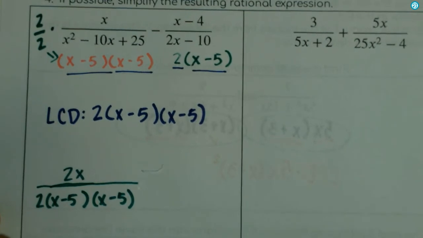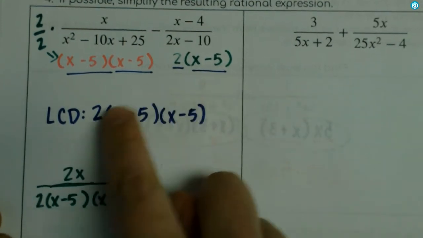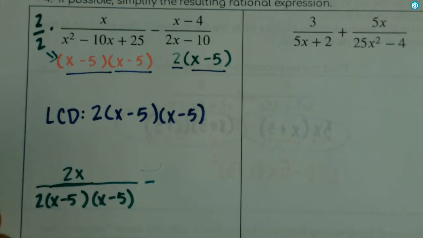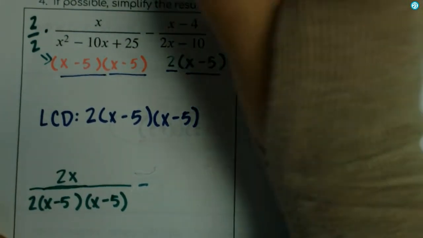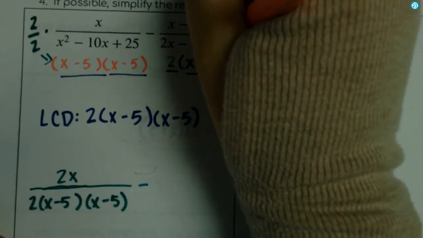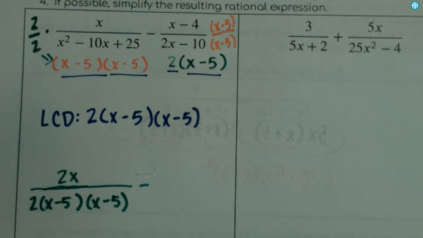Okay. My second fraction already has a 2 and an x minus 5. All it needs is another x minus 5. So how I get that other x minus 5 is I'm going to multiply by x minus 5 over x minus 5. The reason why we can do this is because anything over itself, like x minus 5 over x minus 5, would reduce down to 1 over 1. We can multiply anything by 1 and it won't change the value of it.